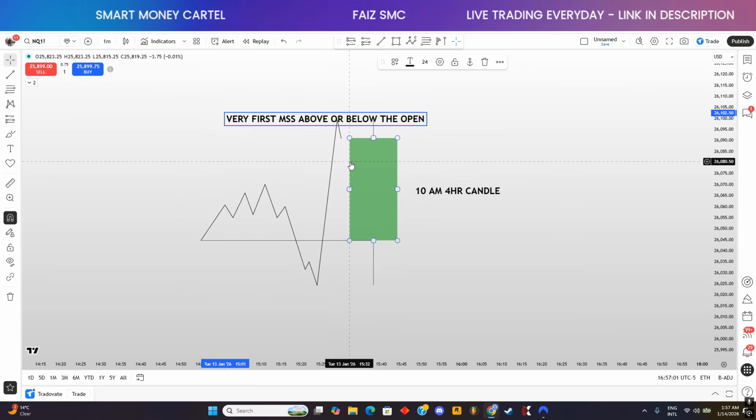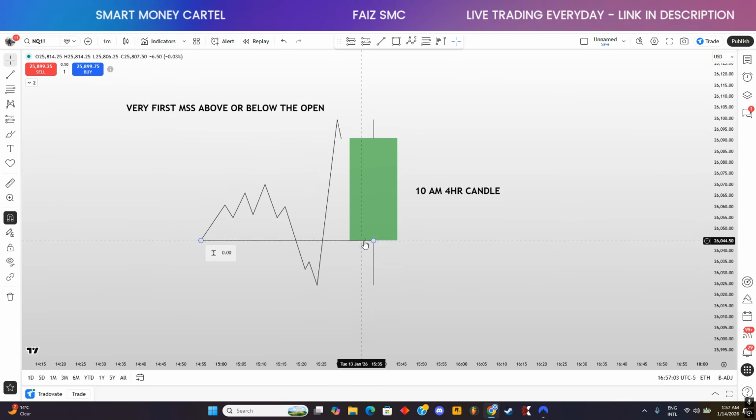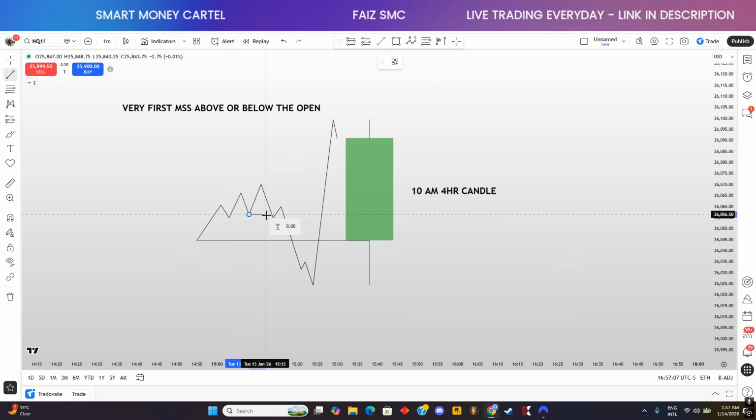So if we have the opening price here and we see a market structure shift above the opening price, which is around here, we have a higher high, higher low, and then a market structure shift. Our first mission from here onwards is to identify and measure the manipulation phase, where it's going to end, and from where we can start looking for trades.